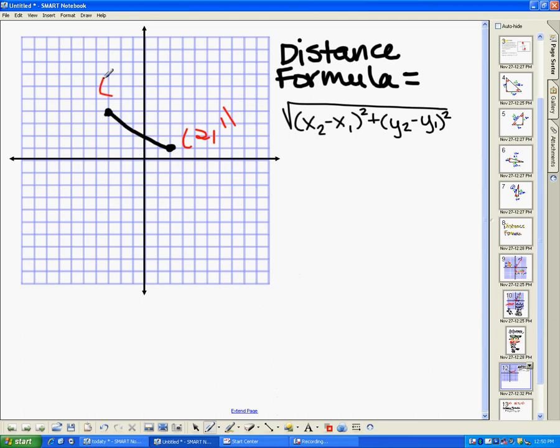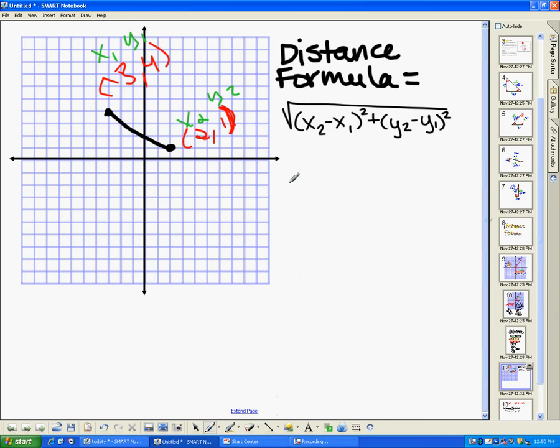Sorry, that looks awful. You don't have to necessarily write it every single time, but I'm going to make this my x1 and this is my y1, and I'm going to make this my x2 and this is my y2. Again, just so that I'm consistent here.